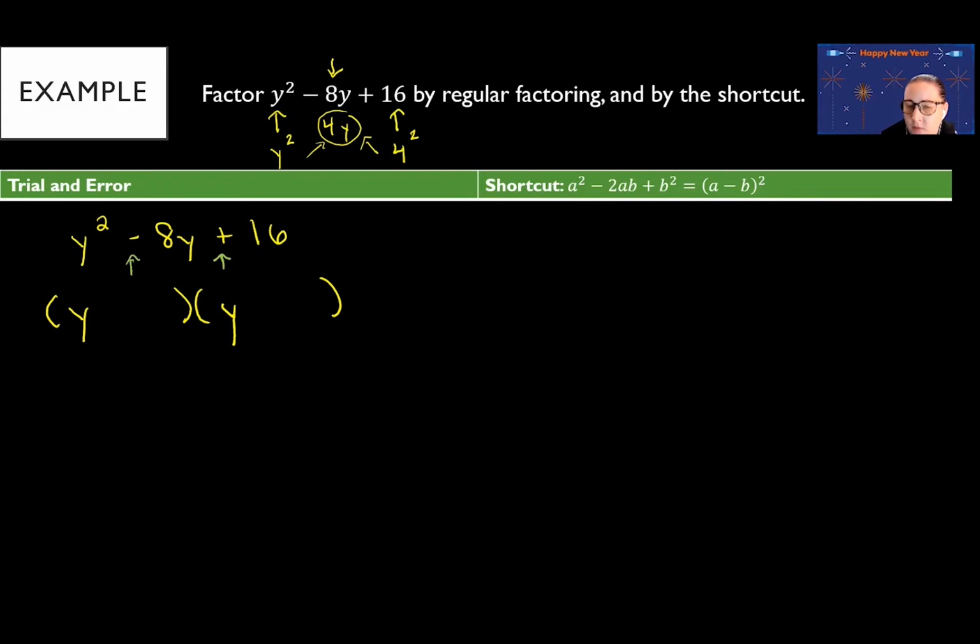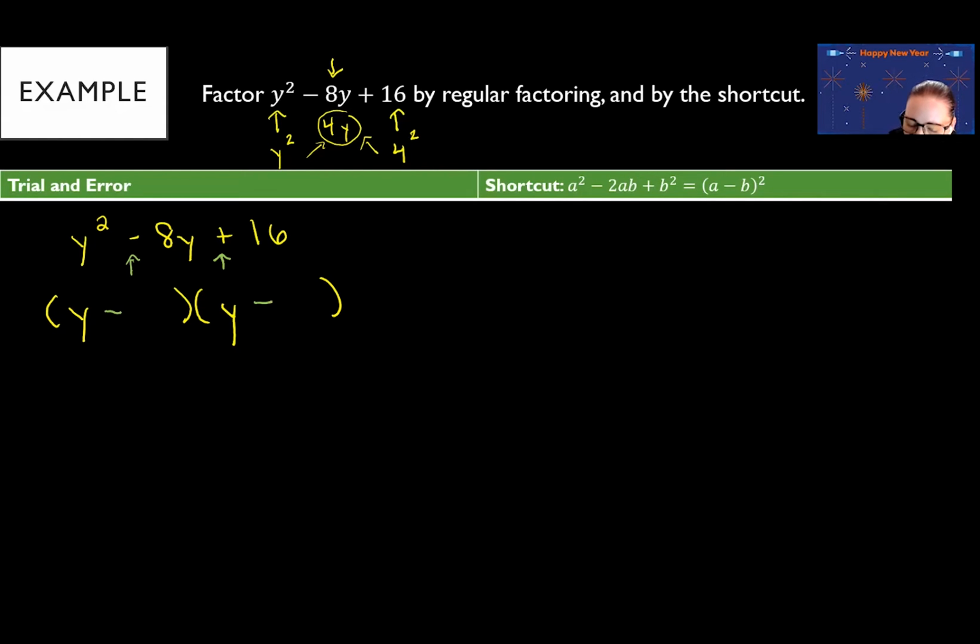So we need two numbers that multiply to a positive but add to a negative. And the only way to multiply to positive but add to a negative is if both numbers are negative. Because a negative times a negative is a positive, and a negative plus a negative stays negative. So these are both going to be minus signs here.